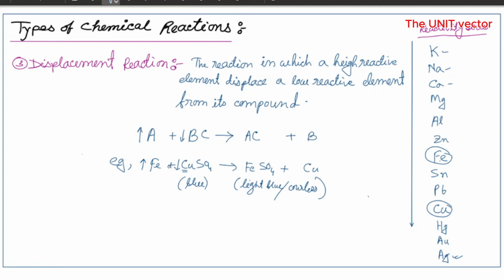That's why when we dip iron in copper sulfate solution, the solution's color, which was blue, turns into light blue or colorless. So this type of reaction is called a displacement reaction.